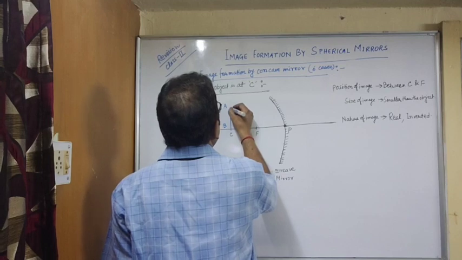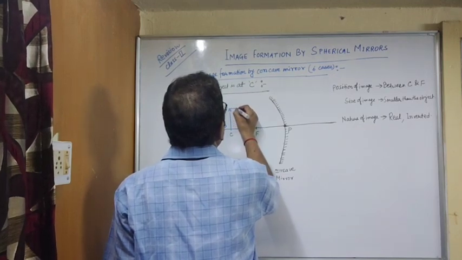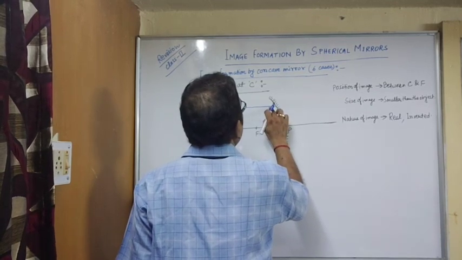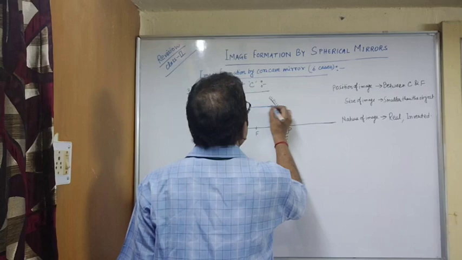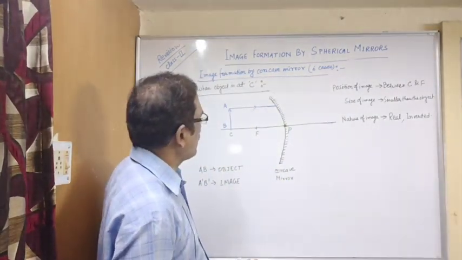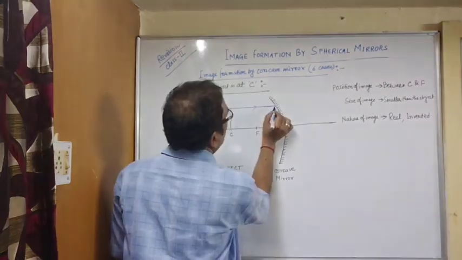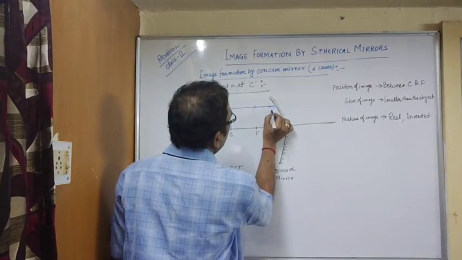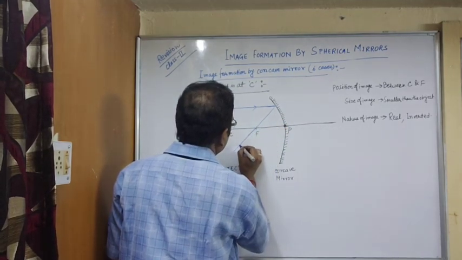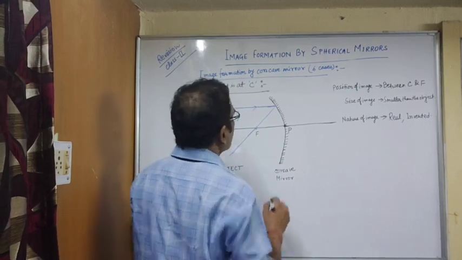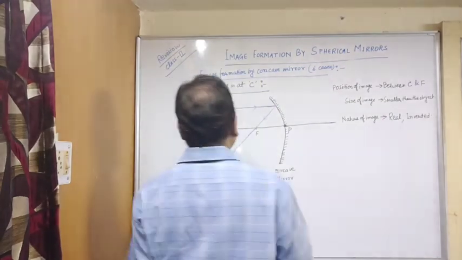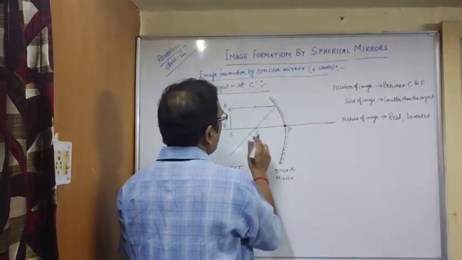Now take a ray. As I told you earlier, we always take a ray parallel to principal axis. So this ray will pass through focus after reflection. Take another ray through center of curvature.